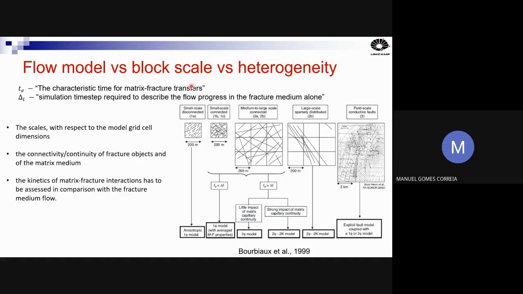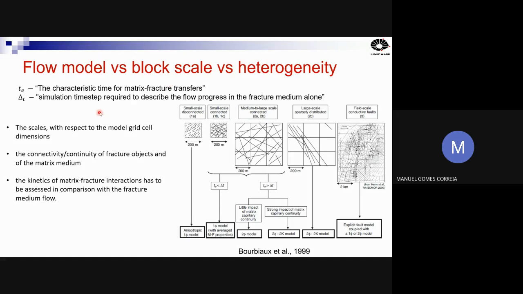It is the time necessary to recover all oil that is inside that block. The other time is the simulation time step required to describe the flow progress in the fracture medium. So it is the simulation time step that describes the flow progress between fracture blocks.